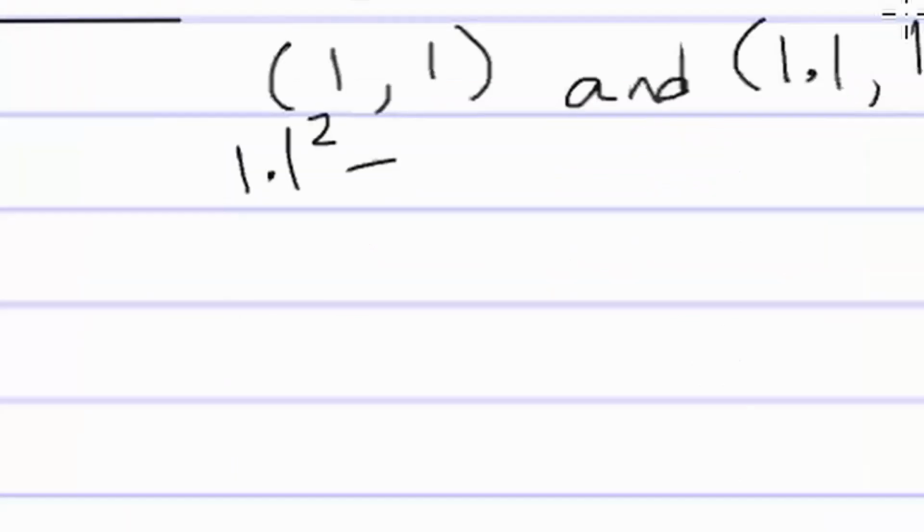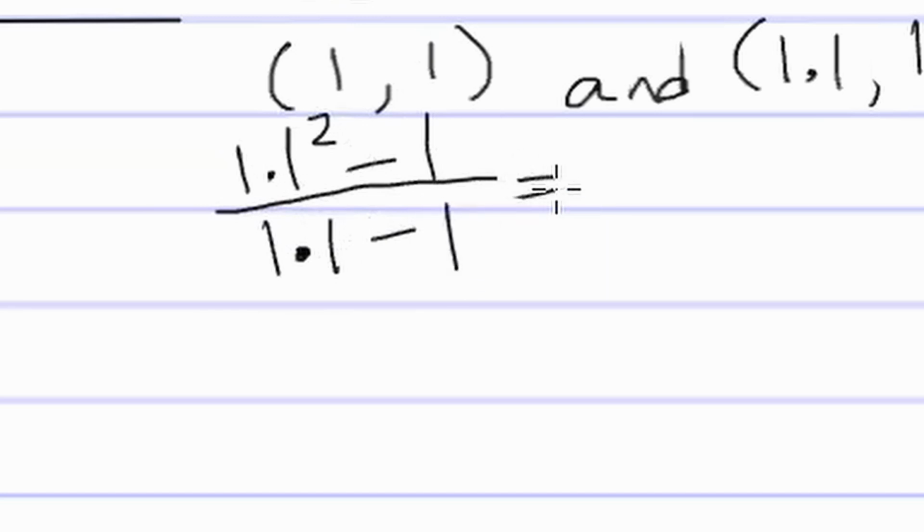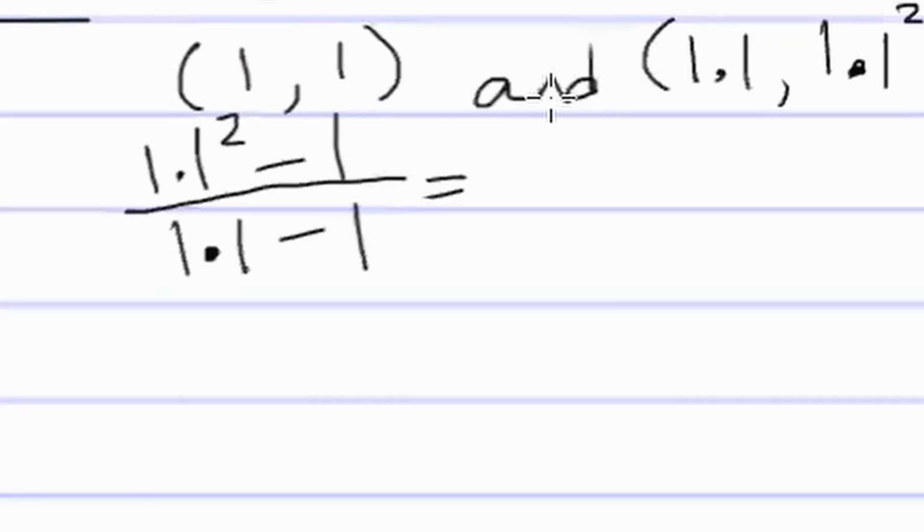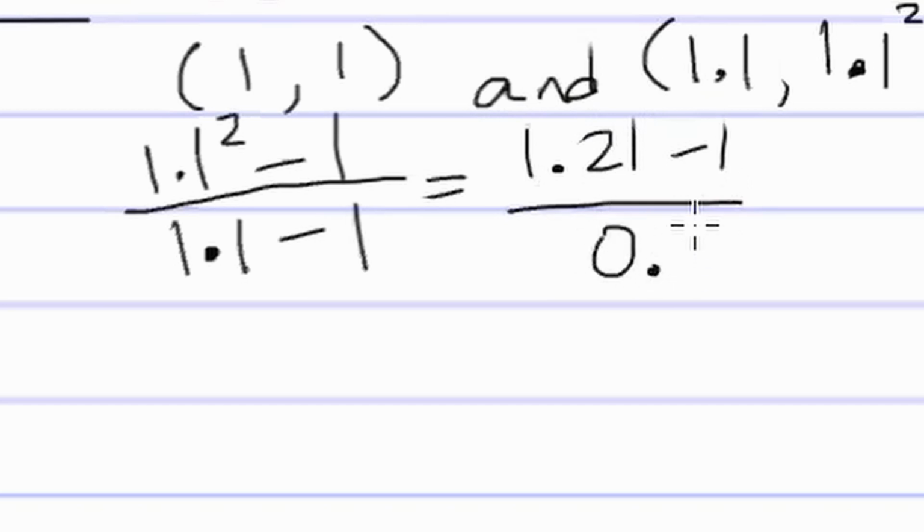All right, so let's try that. 1.1 squared minus 1 over 1.1 minus 1. 1 squared is still 1. So 1.1 squared is 1.21, minus 1, over 0.1. The denominator tells you how far apart the points are.